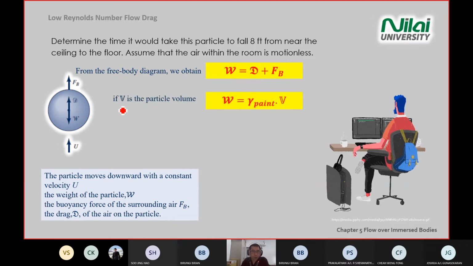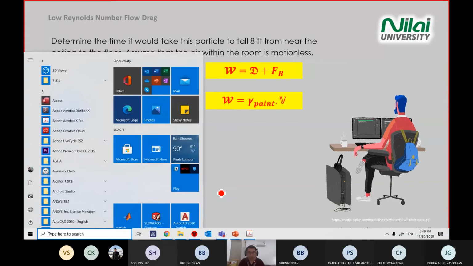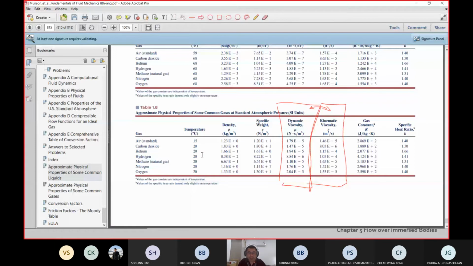Then to find the volume of the particle, how do you find it? You take the specific weight times the volume, you get the weight. Because if you refer to table 1.8 again, do we have specific weight here? So specific weight you have here.